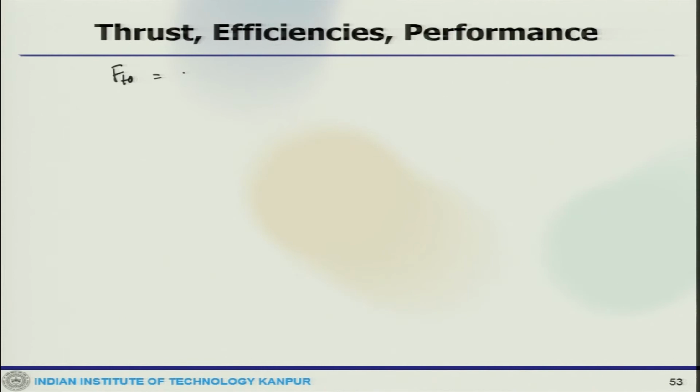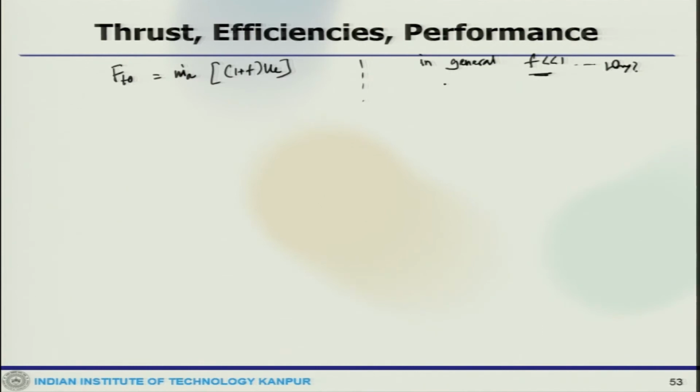It is equals to m dot A into (1 plus f) U_e, and always we keep on saying so far that in general f is very small, but one can always look at it just to justify that statement which we have been always making, that the fuel air ratio would be always less.